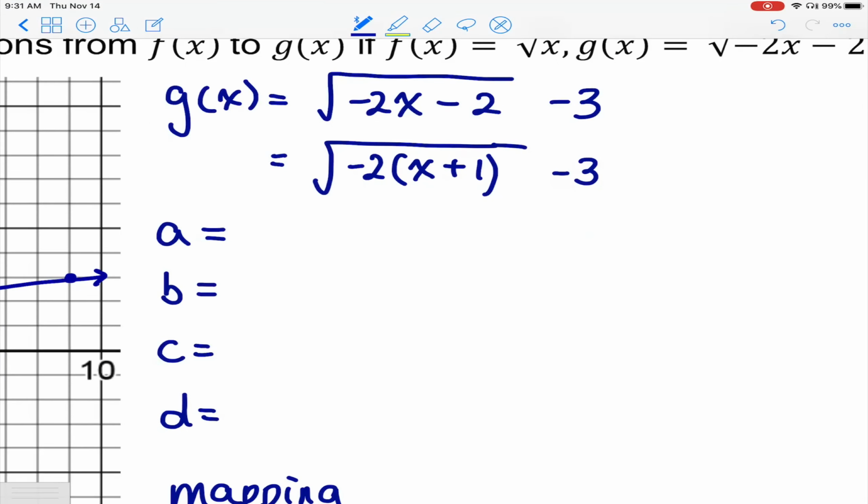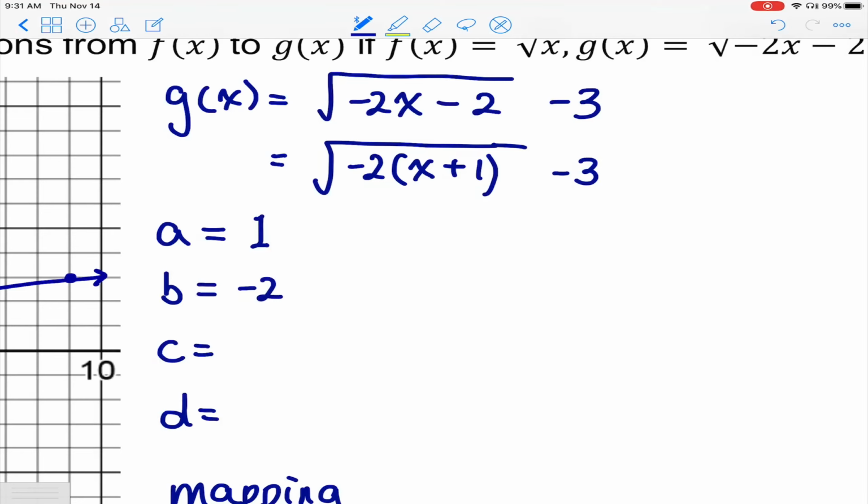The next step to identify the transformations is to deal with A, B, C, and D. For A, we do not have anything in front of the whole function. The whole function is the square root, so we just look outside of the square root for A and D. If there's no number, remember that it's not 0, it is just 1. B is negative 2, the one in front of the x.